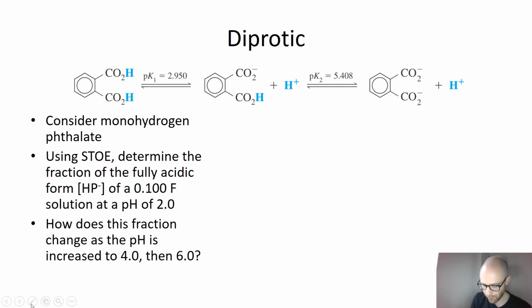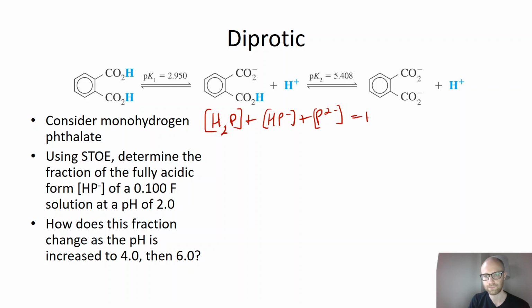So let's start. I'm going to start by writing my mass balance again. And then now we're going to target HP minus. So we're going to use K1 and K2 to substitute out H2P and P2 minus.